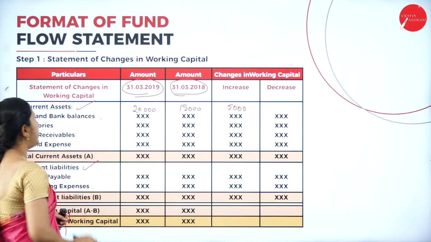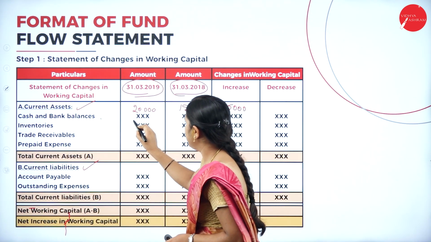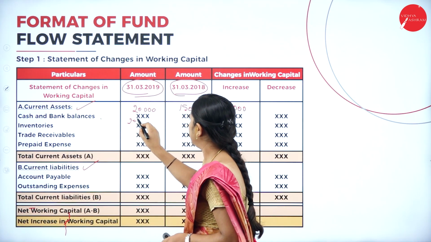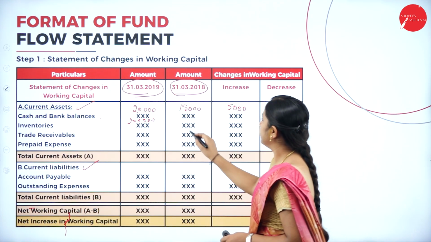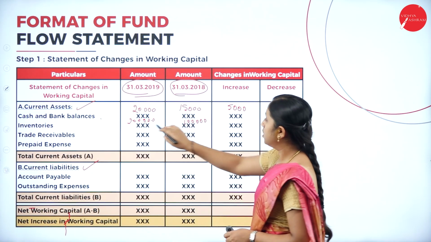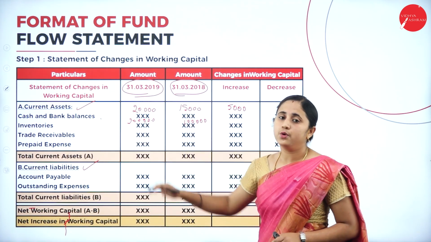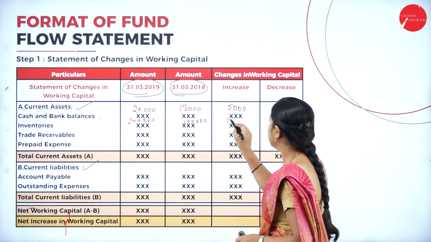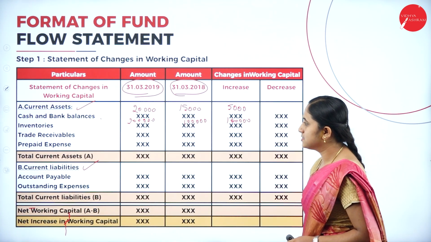Next, inventories. Inventories in 2019 are 2 lakh. In 2018 inventories were 1 lakh. So 2 lakh minus 1 lakh. So it is increased by 1 lakh rupees. So write 1 lakh in increase column.